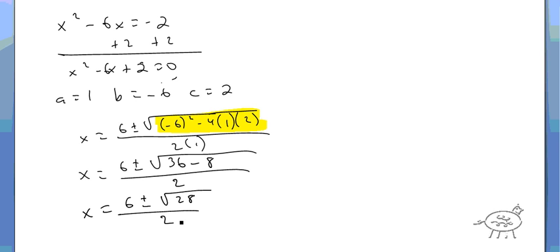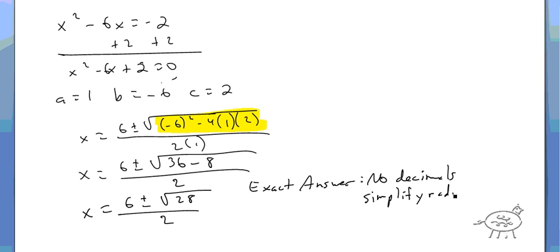So we got two different things here. We have our exact answer, which is no decimals, which is basically you simplify radicals, or you get whole numbers or fractions. Okay, but it's no decimals.